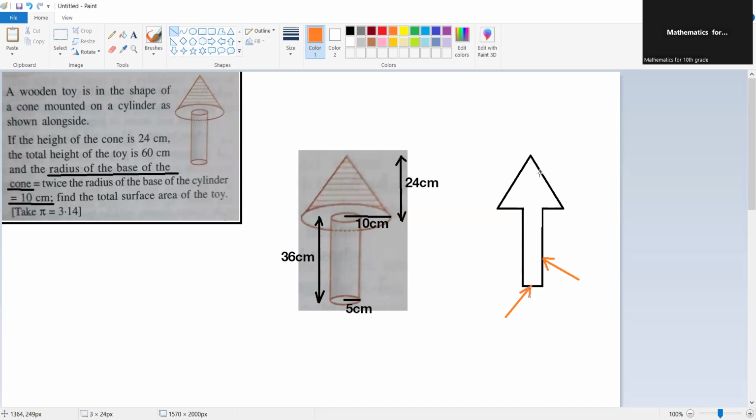For the cone, we have the total curved surface area, which is pi RL. However, the base is not complete. The base, the pi r square is not complete because part of it, the middle part, merges with the cylinder. So we have to treat that appropriately. So I'll just show the missing.